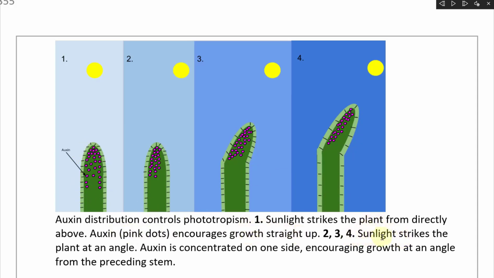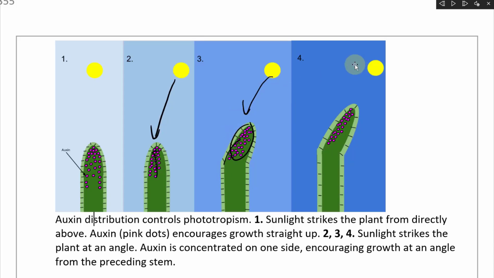Then in 2, 3, and 4, sunlight strikes the plant at an angle. So if it's coming over this side, there's more sunlight on the top here, and the plant moves towards it, upwards to it.